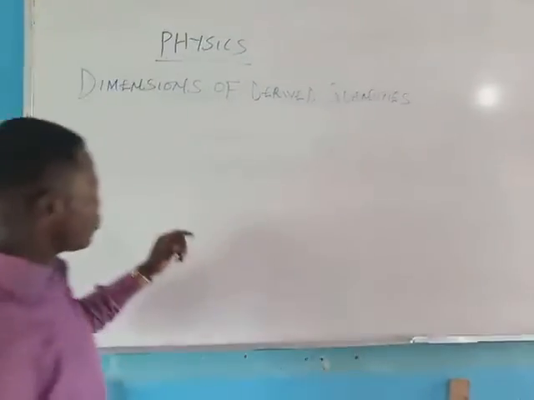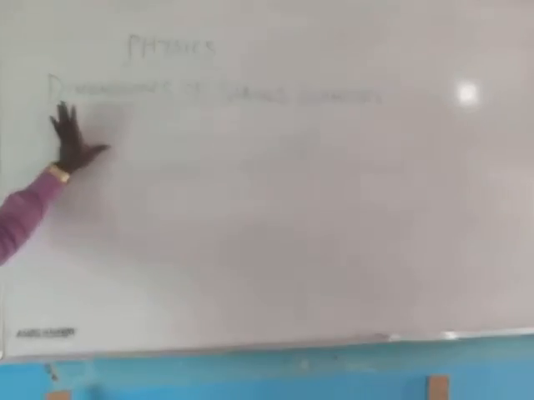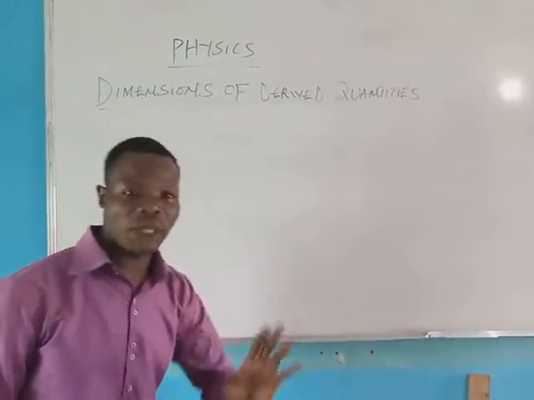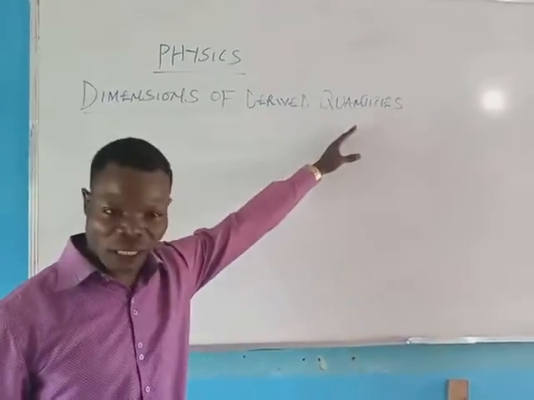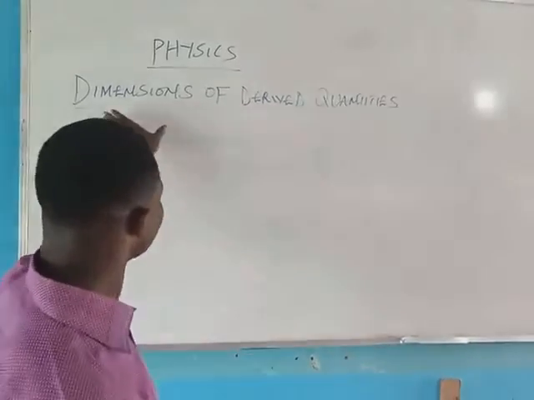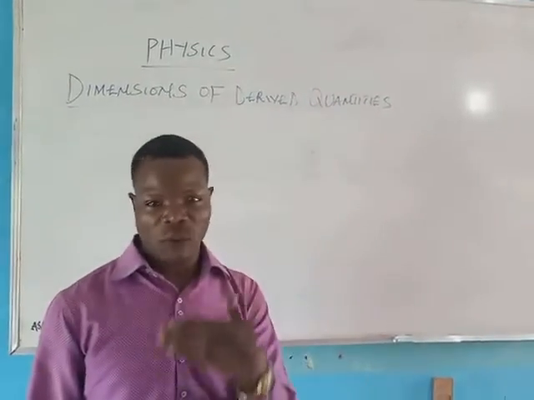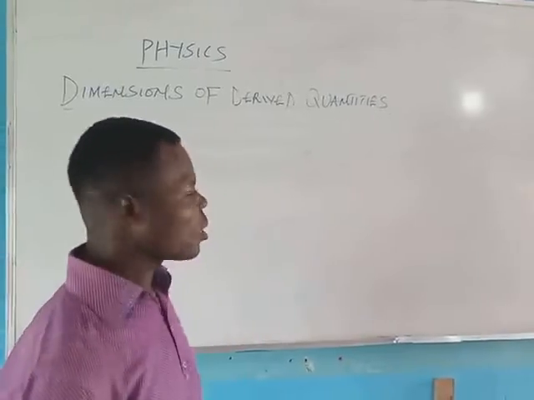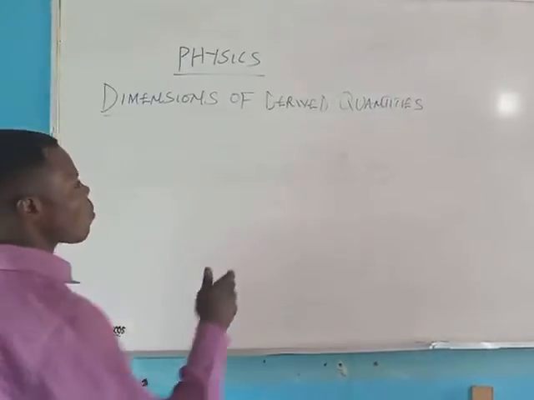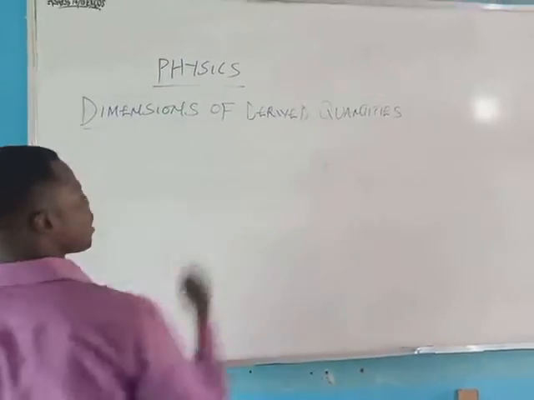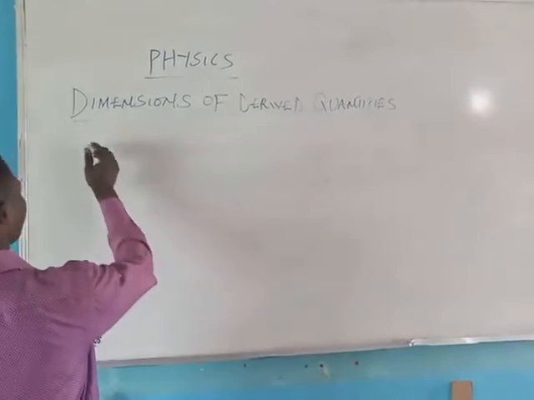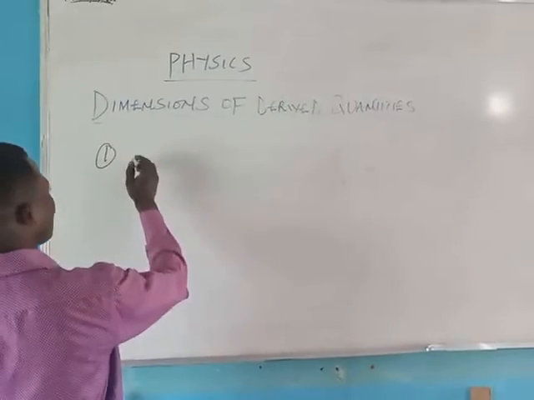So like I said, there's no way we can get dimension of derived quantities if the dimensions of fundamental quantities or basic quantities are not known. So one of these quantities that is derived is number one, area.